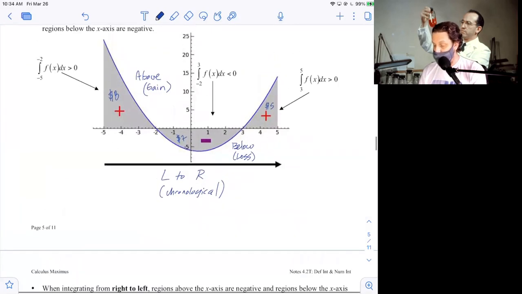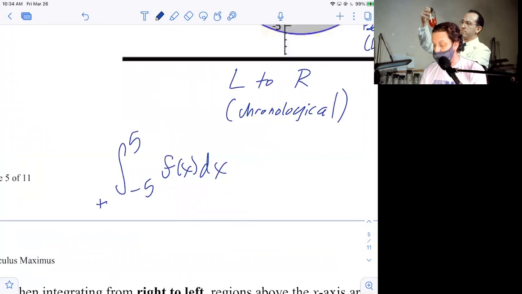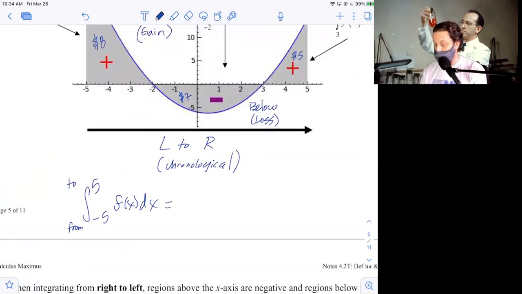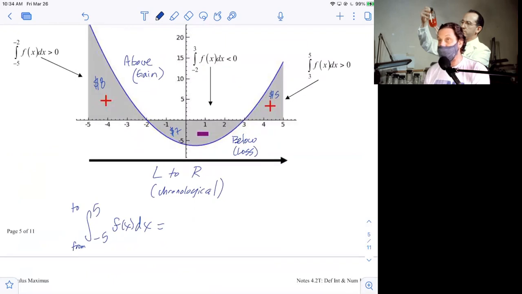So we can figure out what this is. If I wanted to figure out the integral from -5 to 5 of f of x dx, first of all, remember we read this from the bottom up. We say from -5 to 5. Is that left to right? Is that chronological? Yes. So look what we could say then. From -5 to -2, the area gives you 8.